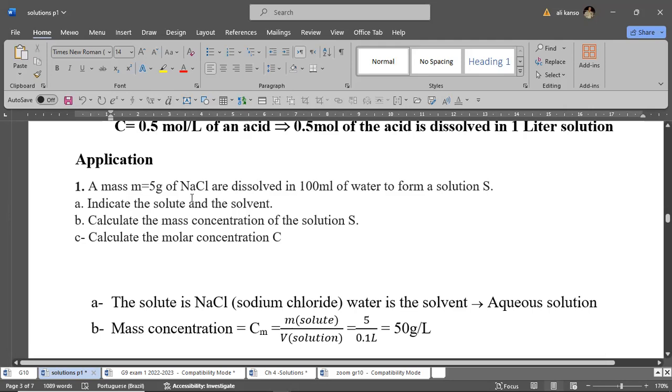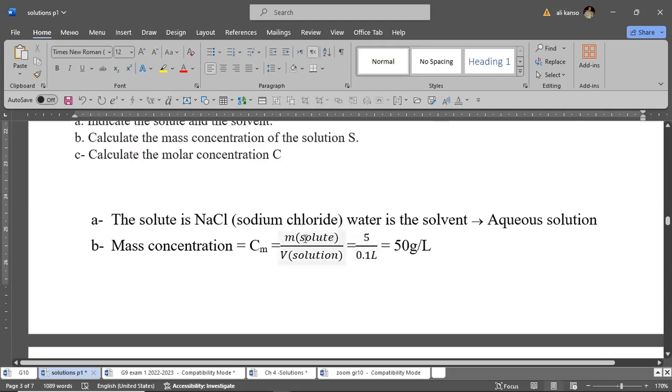And then if you have a mass, we can find mass concentration, mass over volume. We have the mass and we have the volume. If the volume is in 100 milliliter, you have to transform it into liter.